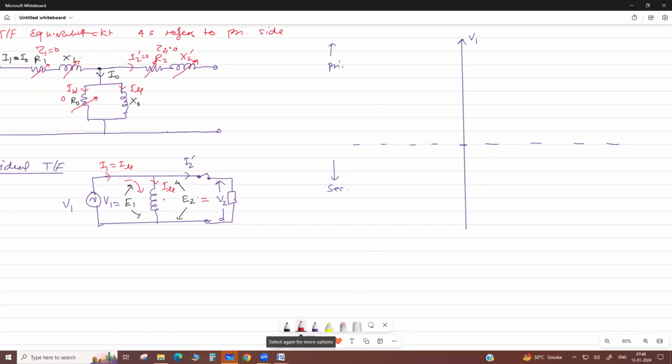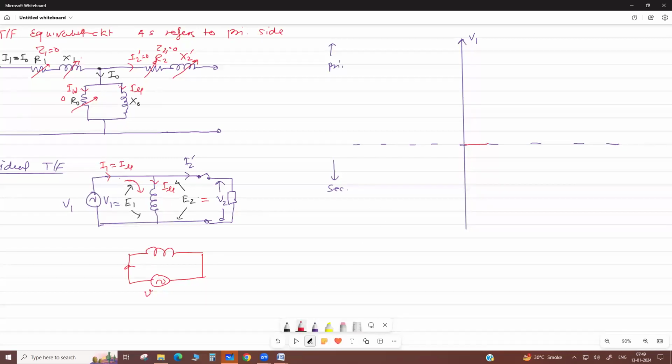So when we apply the voltage, this magnetizing current flows. Actually, if you see, this is a pure inductor. Correct? When you apply the AC sinusoidal voltage, this current lags by 90 degrees. This much of the circuit is a pure inductor circuit, so your current lags by 90 degrees.